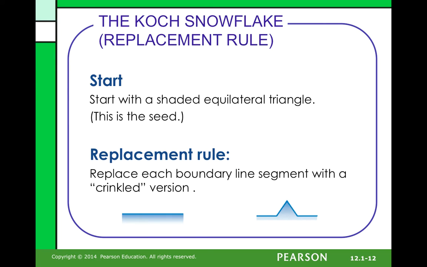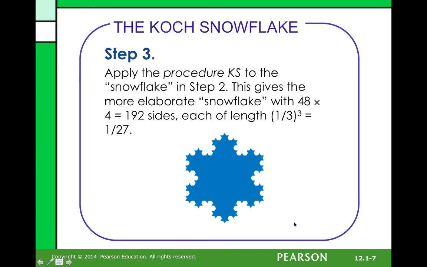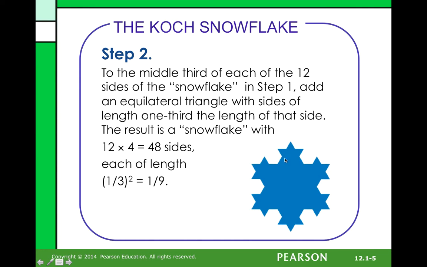So at every step, replace a straight edge with a crinkled straight edge, right? So you replace this edge with the same edge, but you've crinkled the middle of it, so that now there's an equilateral triangle sitting here. And notice that's all we did in these pictures. Here was a straight edge, straight edge, straight edge.